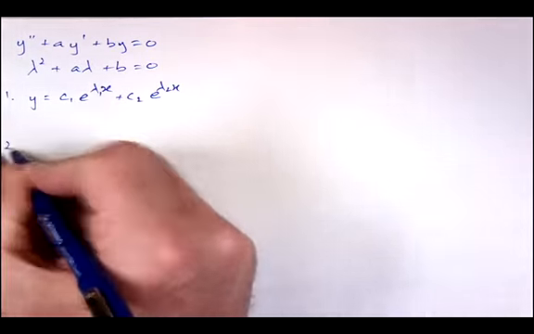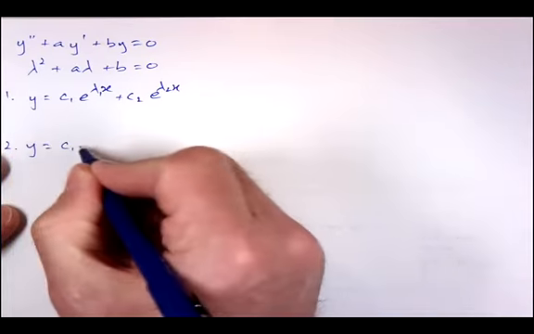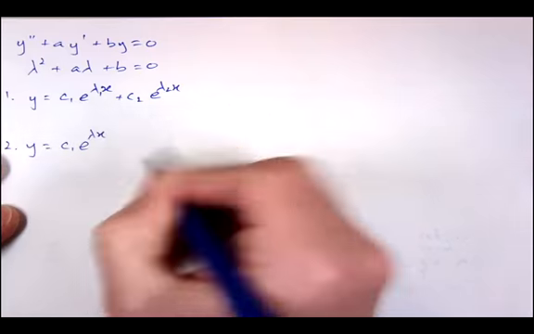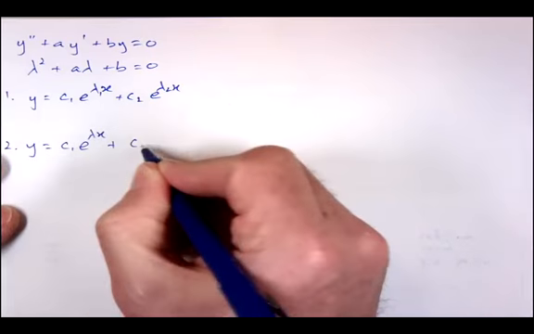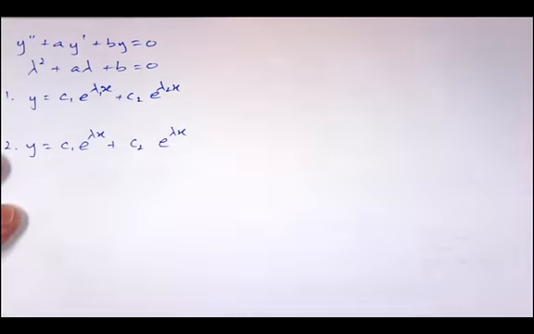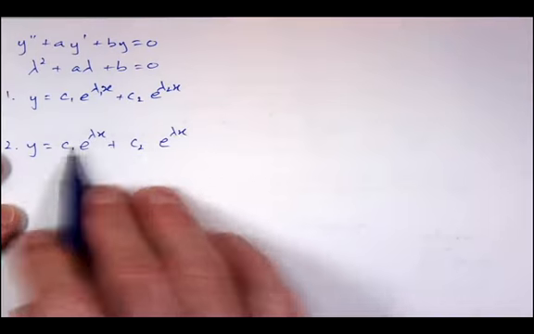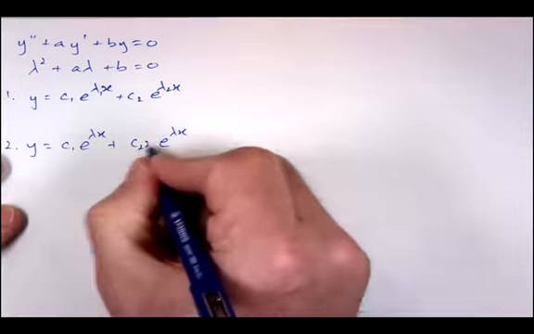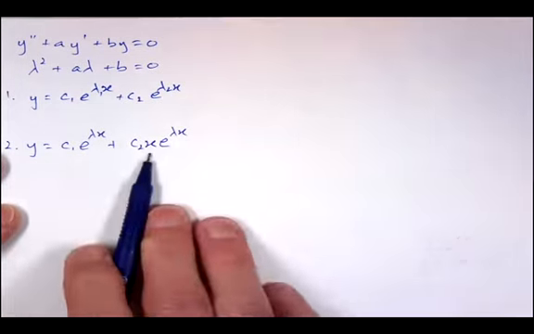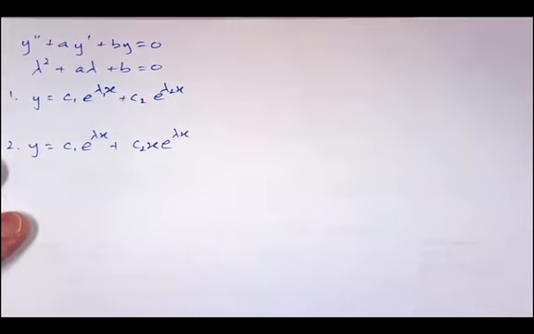If we only end up with one value of lambda, then it's c1 e to that value of lambda, but then I have to have the same exponential function, except just doing this wouldn't be good enough, because that would just really be one constant times e to lambda. I need a linearly independent function, and the linearly independent function that always turns out to be is this x e to the lambda x function.